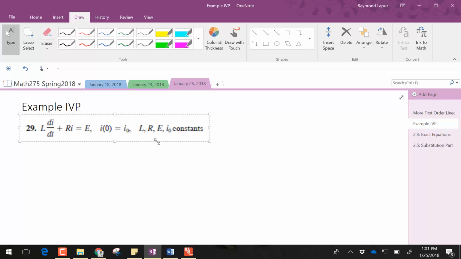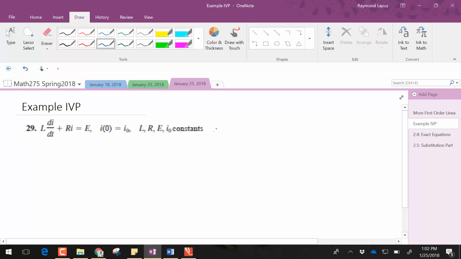I is a function of t. So L, R, and E are constants. And we want to write this in our standard form for the first order linear. So not a big deal, but we should probably divide by L. And we're probably okay to assume that L is not equal to 0.